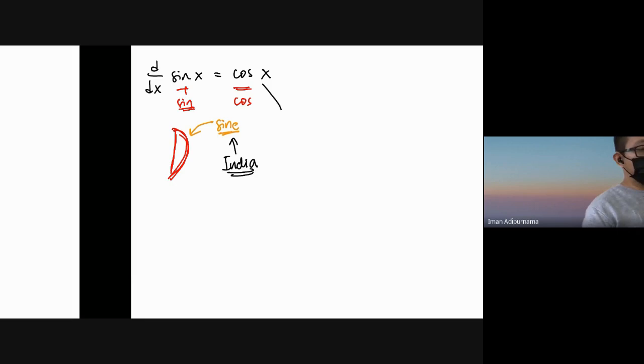And cosine is the complementary of sine, because cosine is basically just a shift of your graph, right? So it's just complementary to sine.